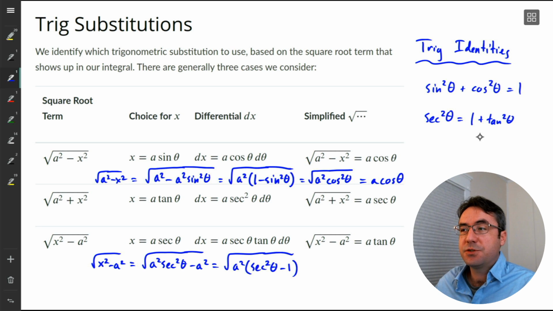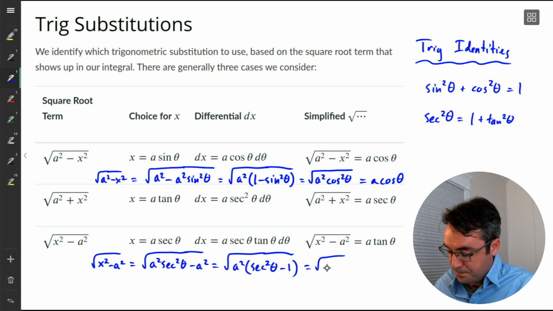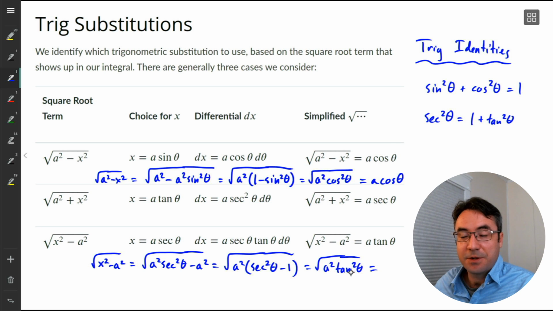But now based on this trig identity, we know what secant squared minus 1 is. That's just tangent squared. And oh boy, the squares are going away.